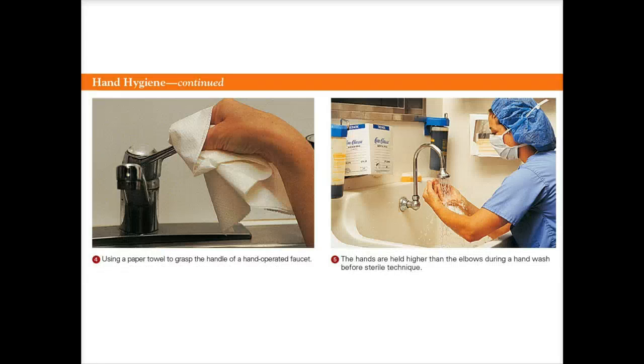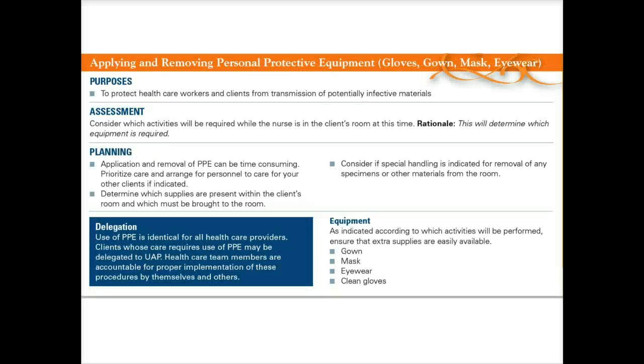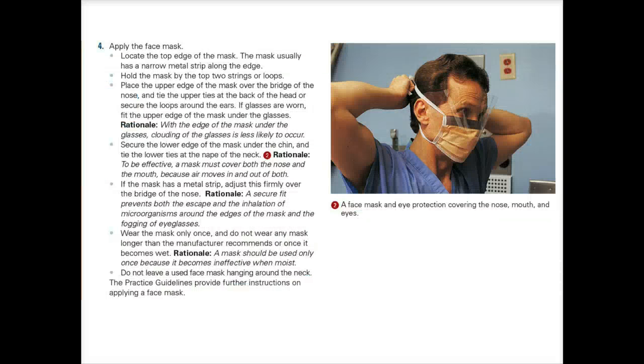There's a rationale here for each step. It's in your book. Now, donning your PPE is really a skill you learned. Your personal protective equipment, you should know what they are. You're going to see it on a test. Gowns, gloves, masks, and how to put them on are all review skills from nursing assistant.